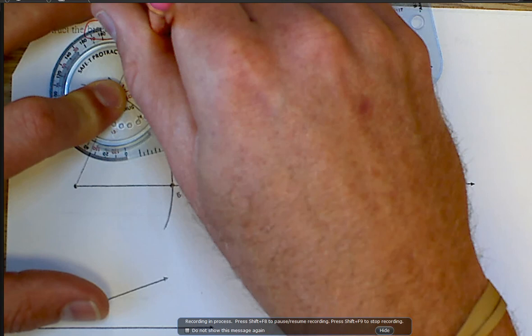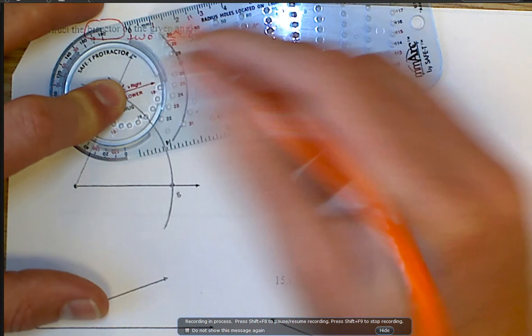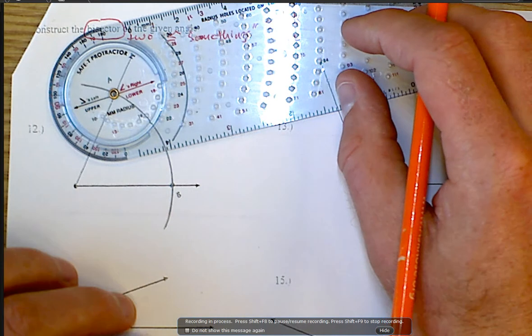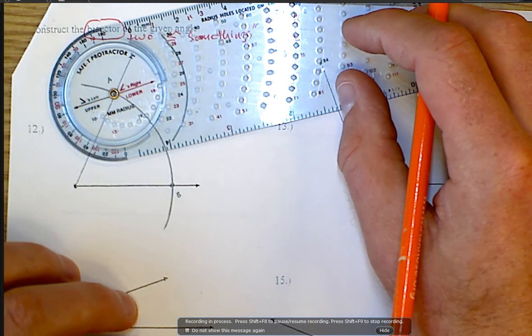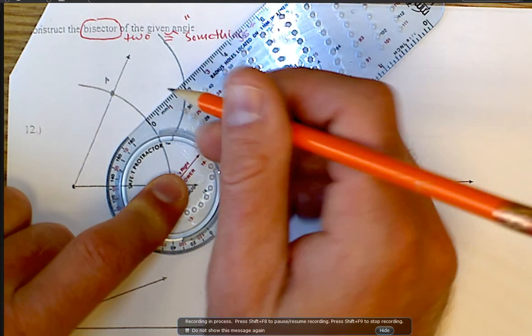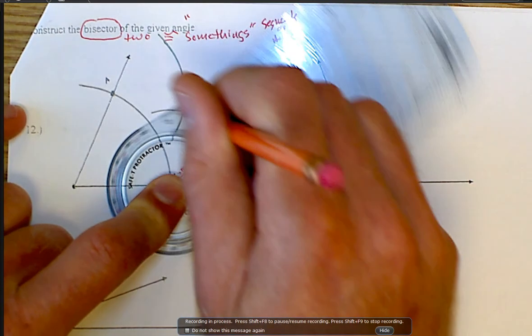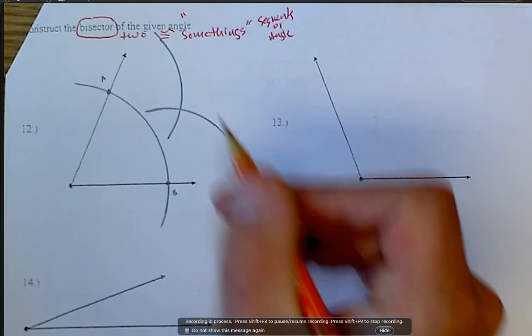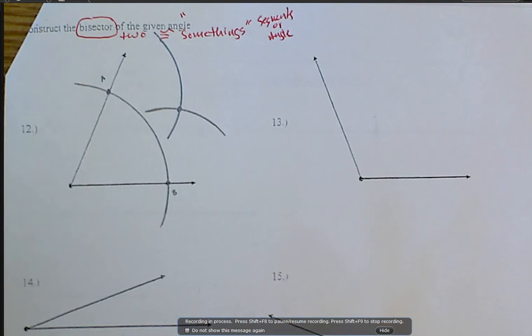Remember where your pencil's at. Mine's at 30. You're going to pick up your compass, you're going to take your brass circle and put it at point B, and you're going to repeat that process. So brass circle at B, put your finger down, find 30, and repeat. And you should see those two swoops intersecting each other. This is the intersection point of those two swoops, and that's what we want.